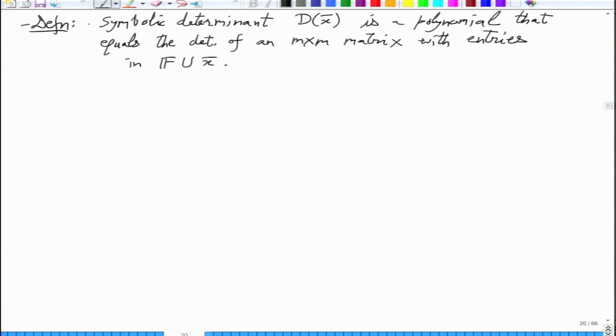So that's a symbolic determinant, and the size of the symbolic determinant is M. Nothing surprising or important here; we are just formalizing the determinant as a computational model.